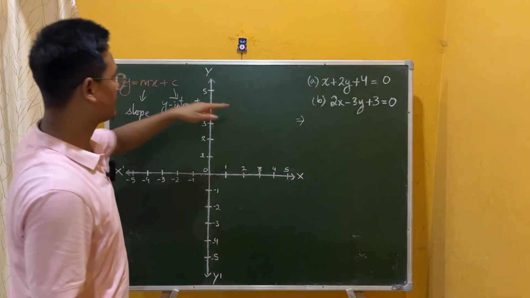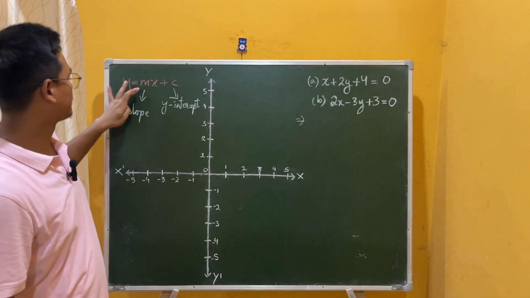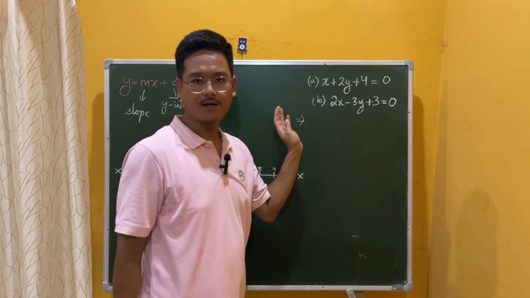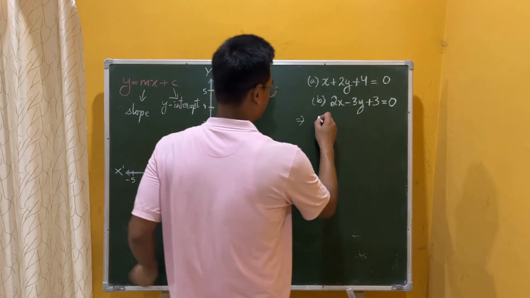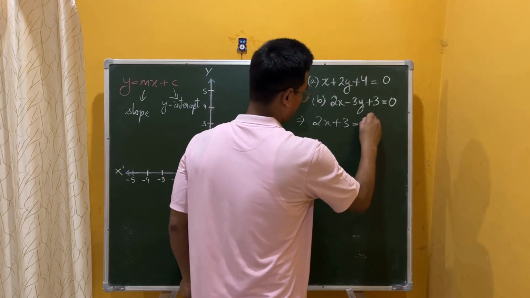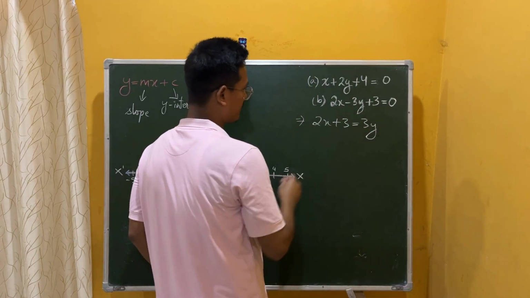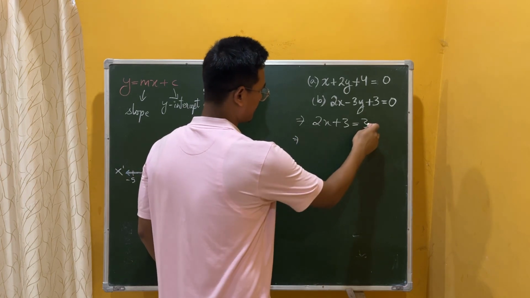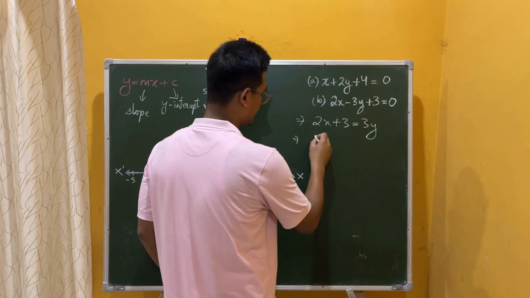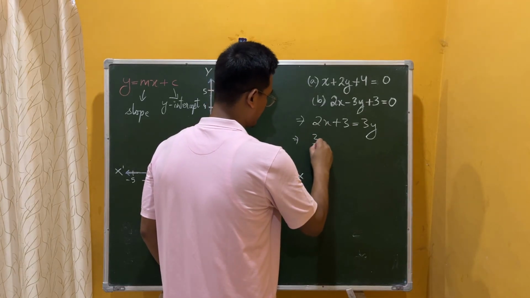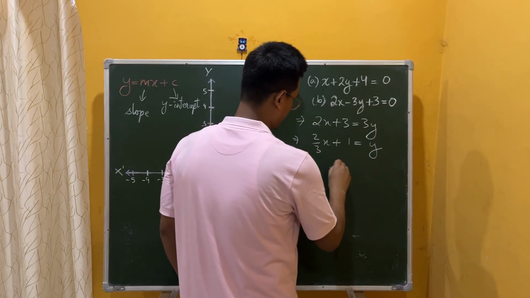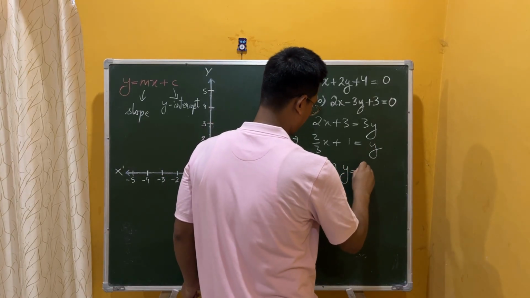In order to convert this equation to y equals mx plus c form, you just keep y on one side and send everything else to the other. I can do this and further send this 3 here, or dividing the equation by 3 you will get this.